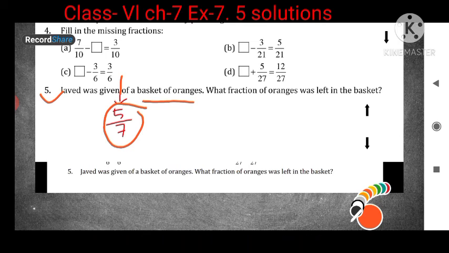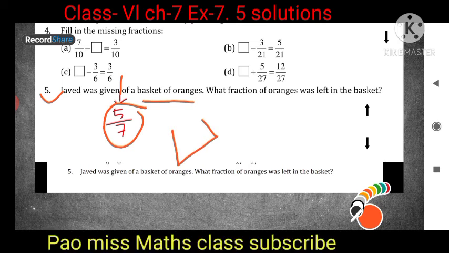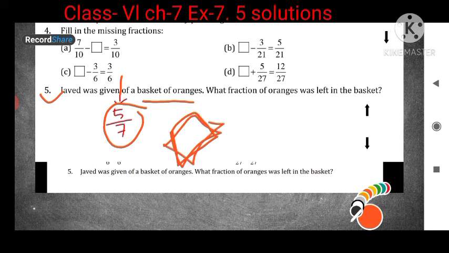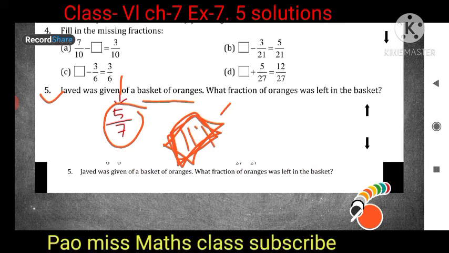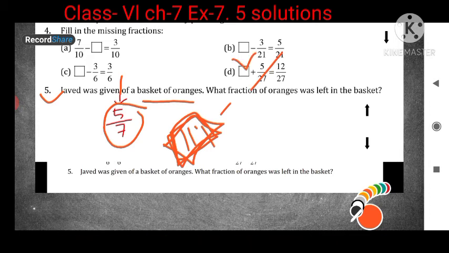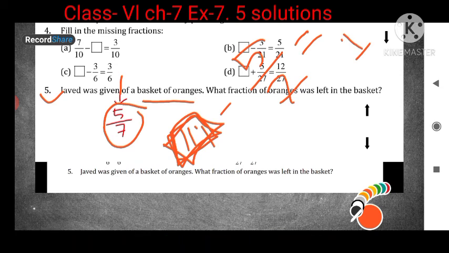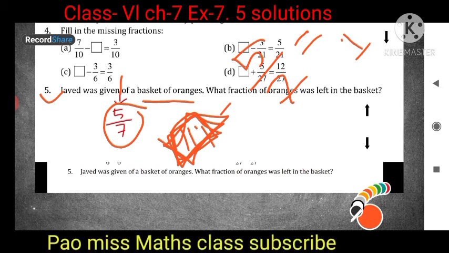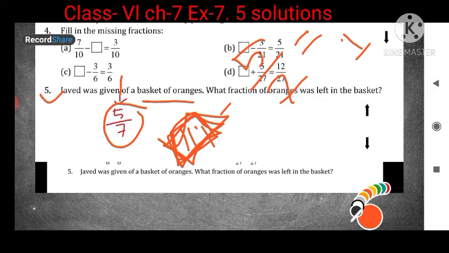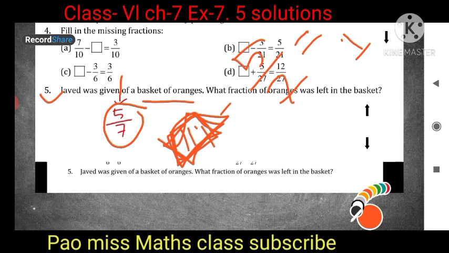It means Javed has a basket full of oranges, and from there he gave away 5 upon 7. And you have to find the remaining part. If you subtract 5 upon 7 from the full, what will be the remaining part? We have to find how much orange is left with Javed.